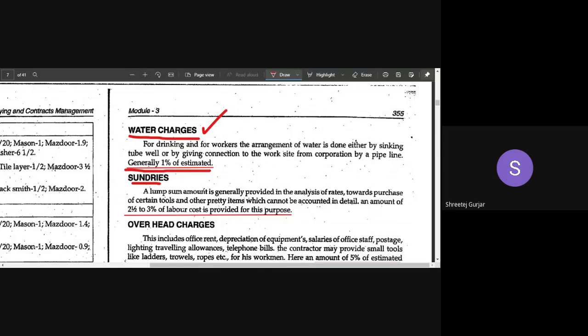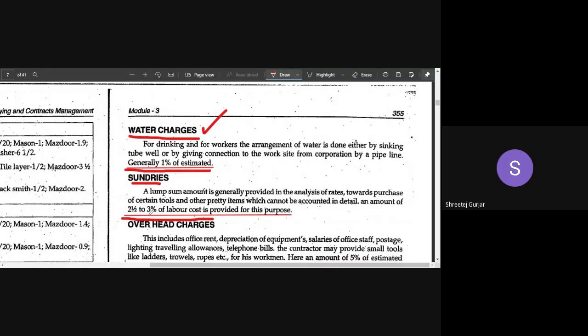We put these into one term called sundries, taken as a lump sum amount, usually 2.5 to 3% of labor cost.